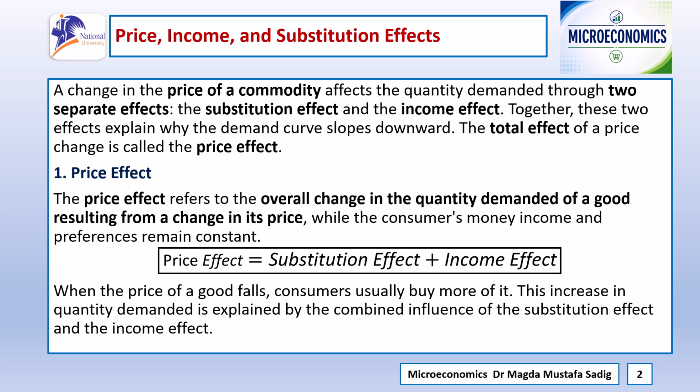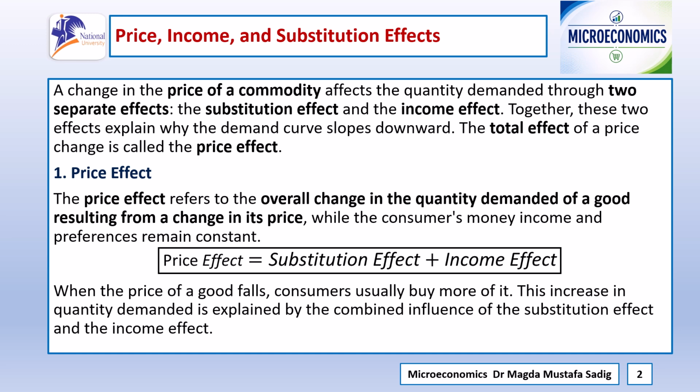For example, imagine that the price of a cup of coffee falls from $5 to $4. Since coffee is now cheaper, most consumers will buy more coffee. But why? There are actually two reasons.